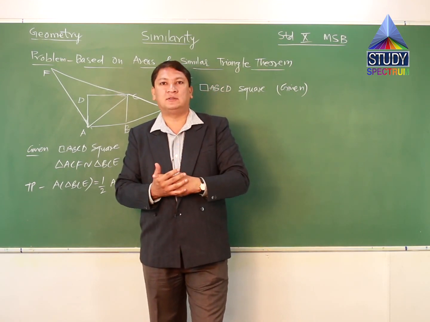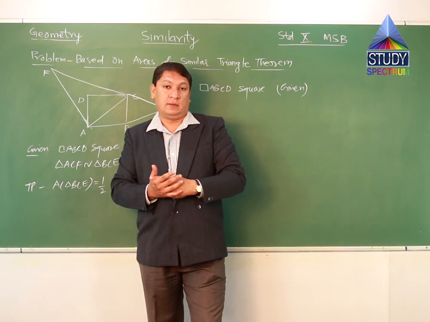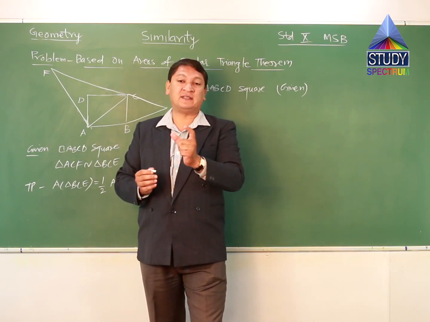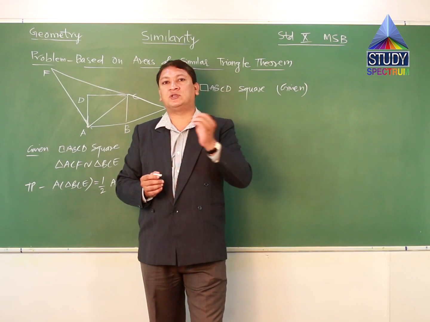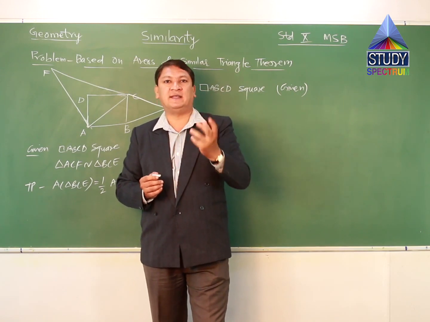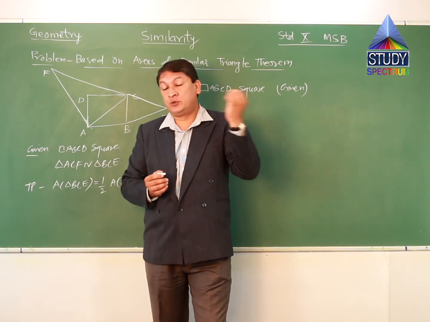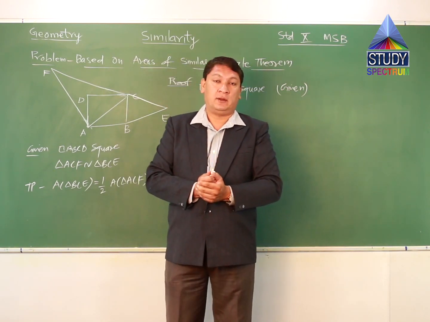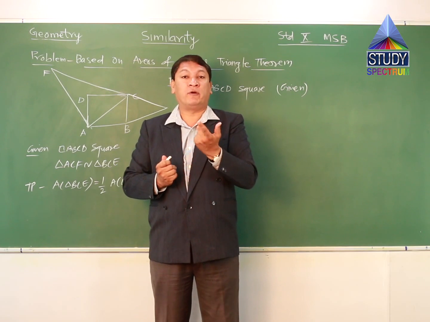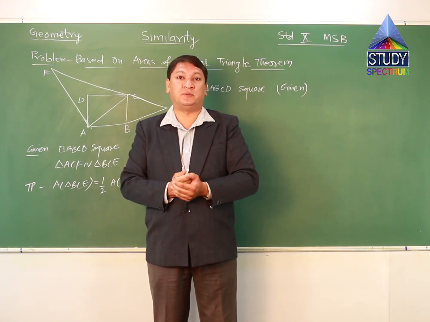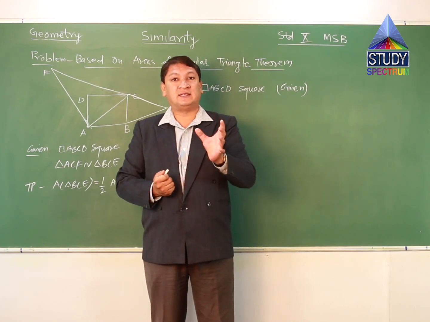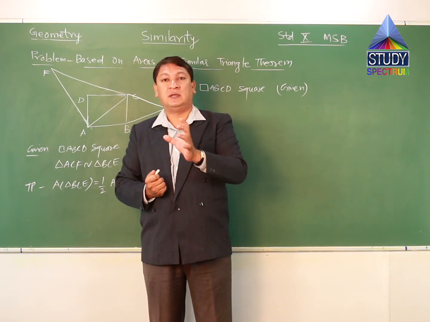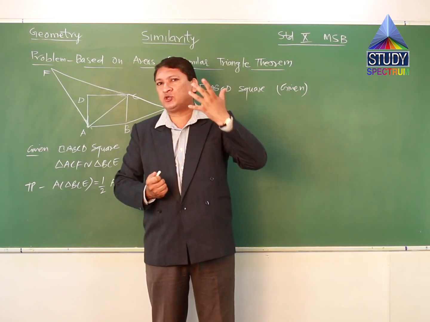Once I say parallelogram, there are some thoughts which should strike your mind. When I ask you (a plus b) the whole square, it should be on your tongue: a square plus 2ab plus b square.